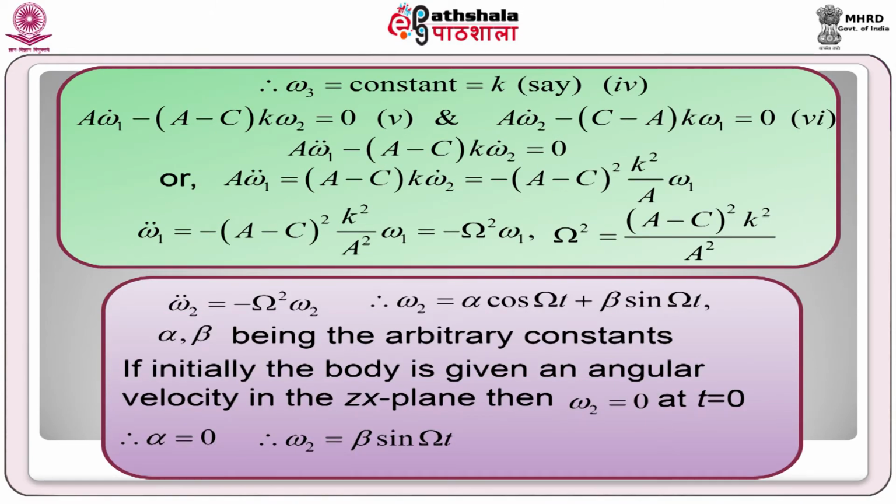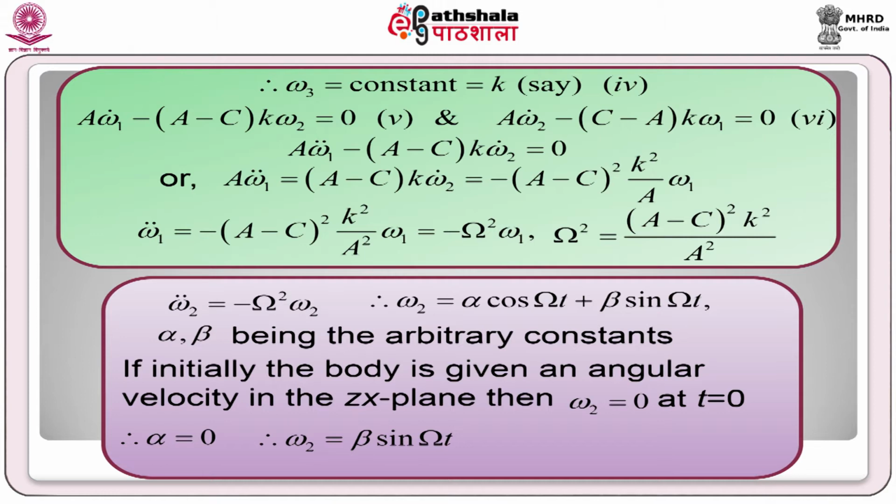From 3 we have omega 3 equal to constant. If we put the constant as k, then one can write omega 3 equal to k. We have obtained this result just after integrating this one.